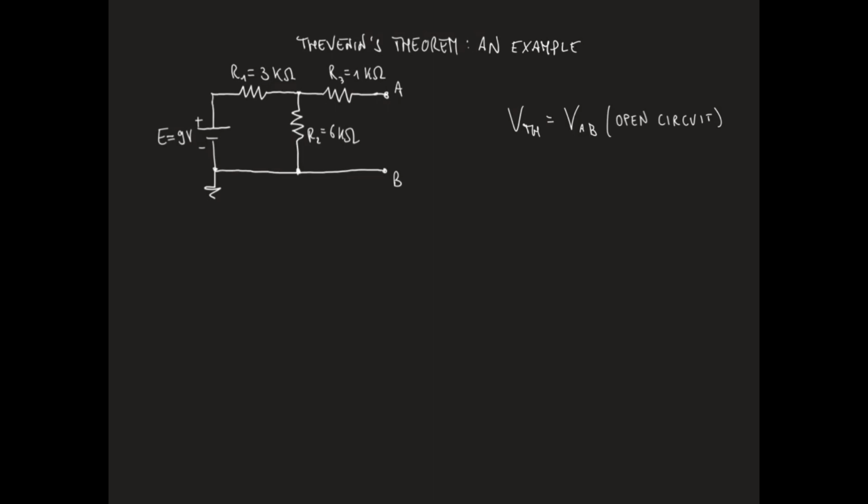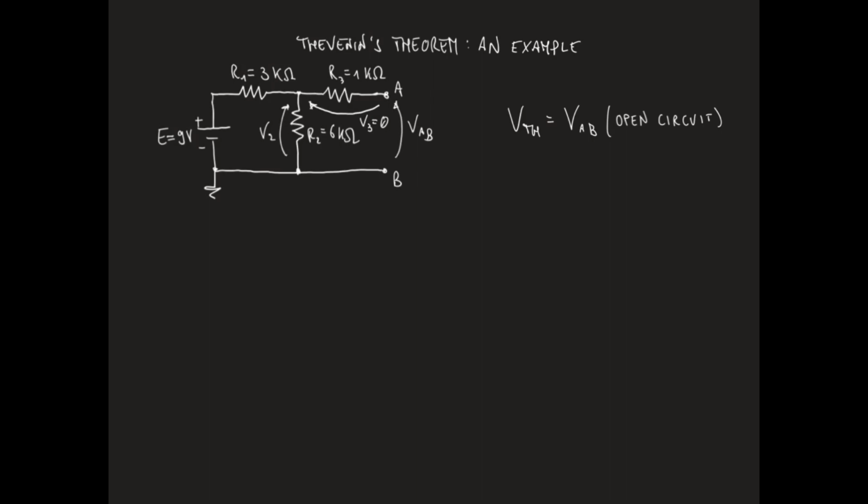Note that no current can flow through R3 because the resistor has a floating terminal. Therefore, the voltage between nodes A and B is the same as the voltage across resistor R2 because there is no voltage drop across R3.